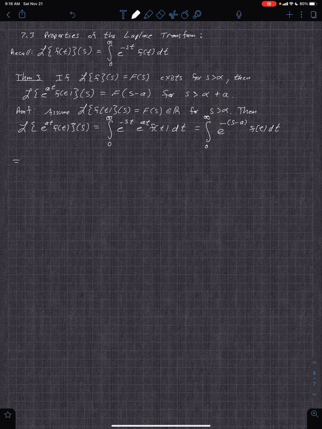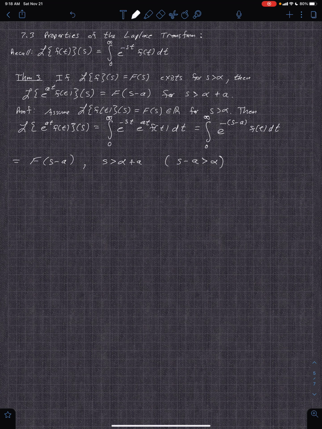So that equals just F of s minus a. And that would be true for s greater than alpha plus a. Initially you'd have s minus a greater than alpha, and then you just add a, so s has to be greater than the sum.